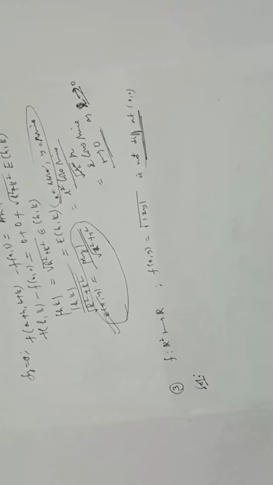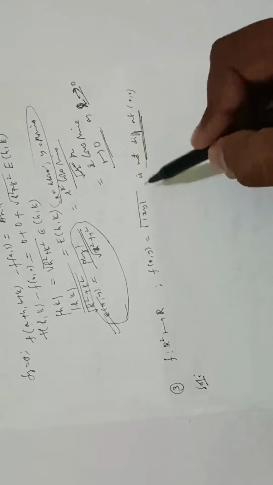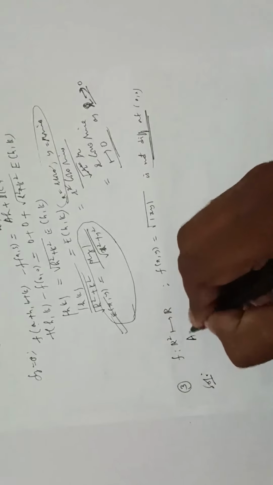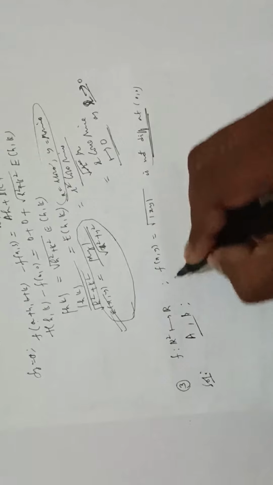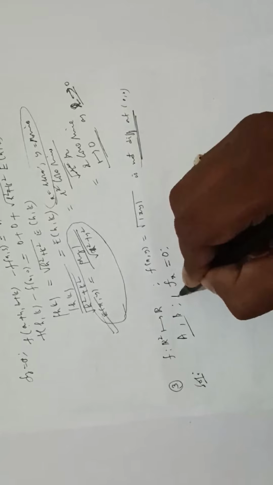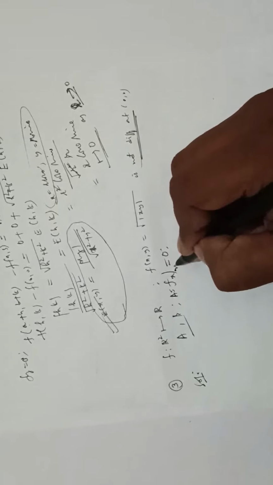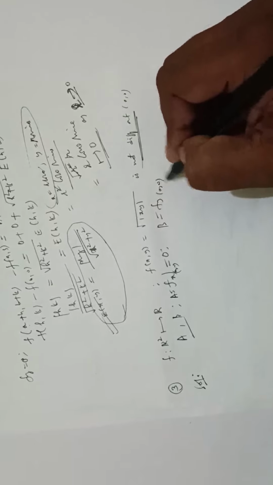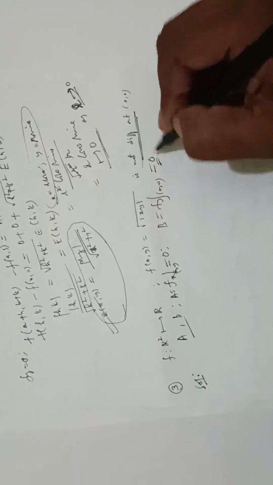F from R square to R, f of x comma y equals square root of modulus of xy. See, for this we need to find in fact a and b, and already we solved this. A is fx at 0 comma 0, which is 0, and b is fy at 0 comma 0. This is also 0.